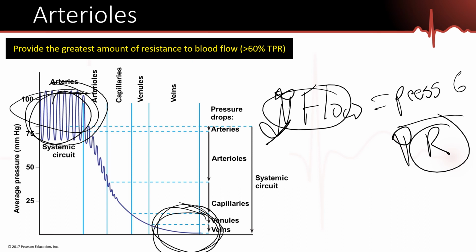And this actually helps us understand what establishes the pressure gradient, which is what's needed for flow, which is why all of this is so confusing and why there's more to discuss than just this. But where is this pressure gradient coming from? Why is there high pressure within the arteries and low pressure within the veins? And part of the answer, not the whole answer, is because of the resistance that exists.